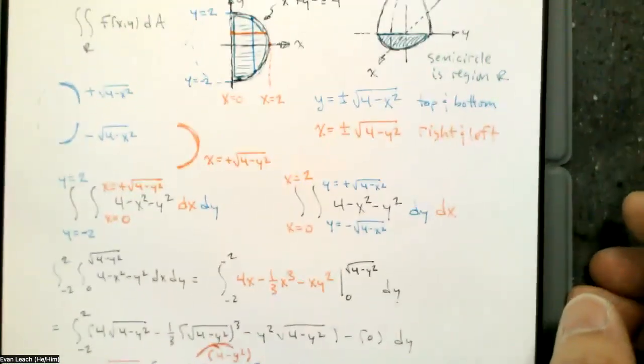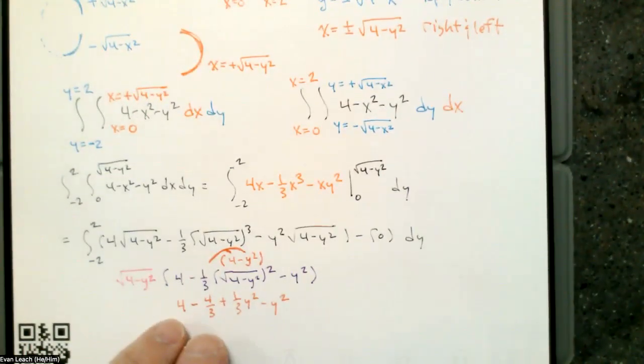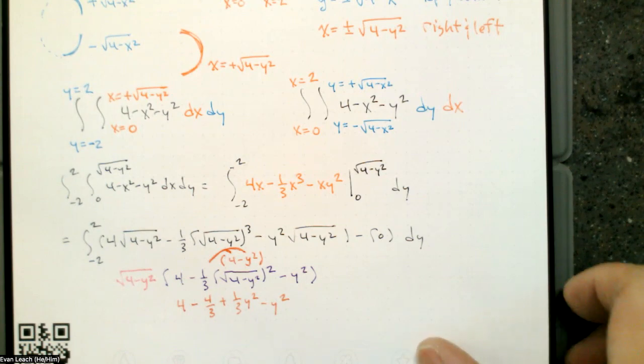But we've got 4 minus 4/3. So I got 12 minus 4 is 8/3, minus 2/3 y squared. Scroll up. So I'm still integrating from -2 to 2, and all of a sudden I don't like this integral anymore. I've got the square root of 4 minus y squared.